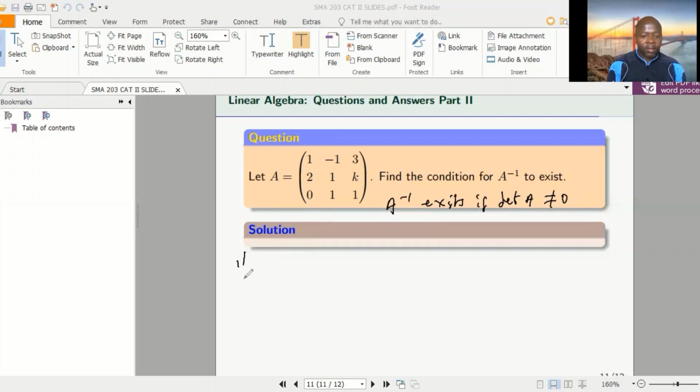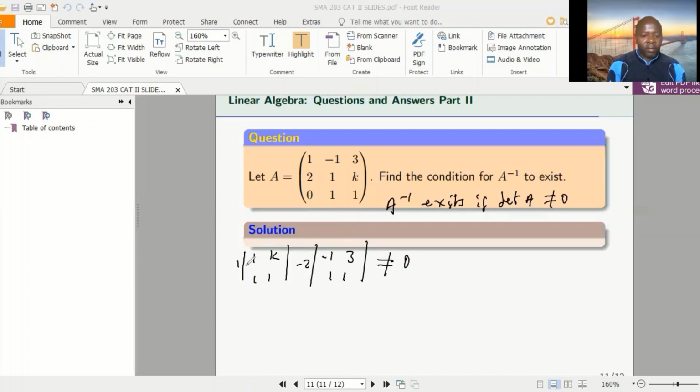So 1 into, when I delete row 1 and column 1, K, and then 1, 1. Then minus 2. When I delete the row and the column of 2, I have negative 1, 3, then 1, 1. And I'm saying that for the inverse to exist, this will not be equal to 0.